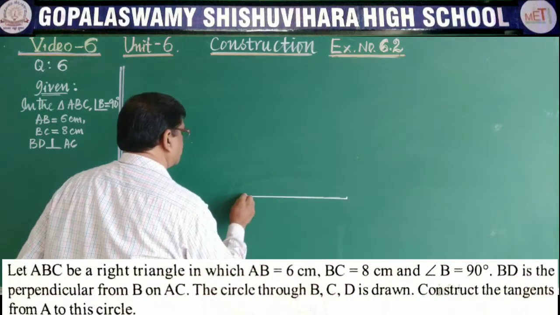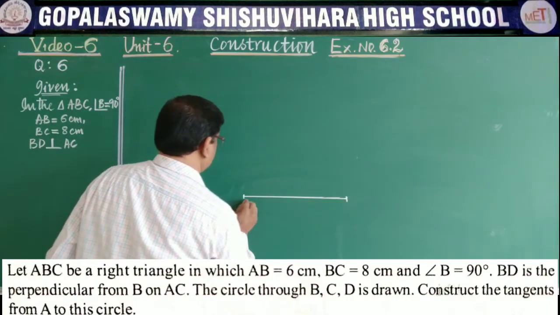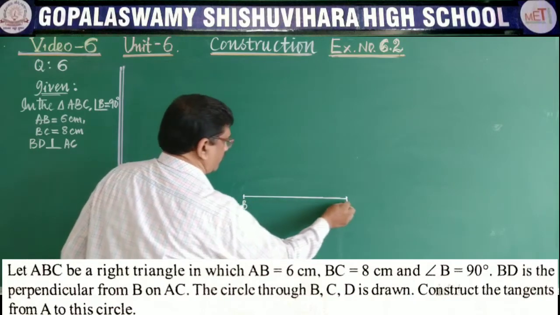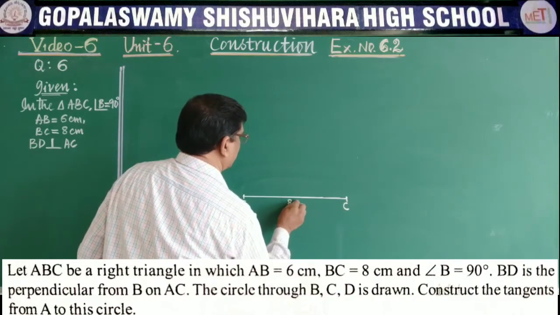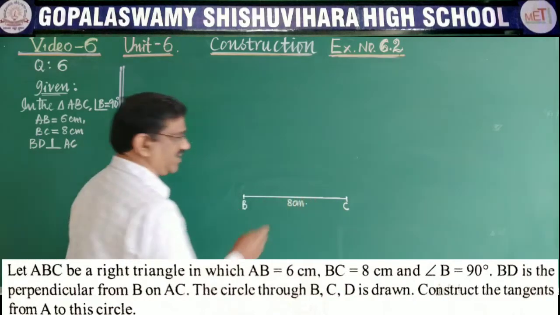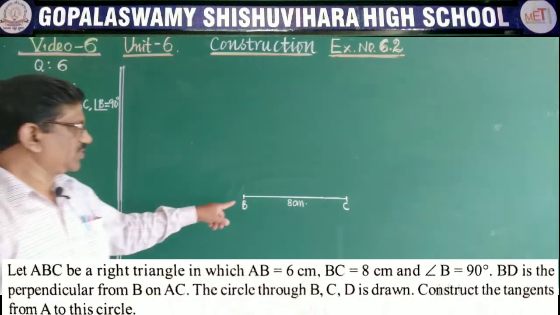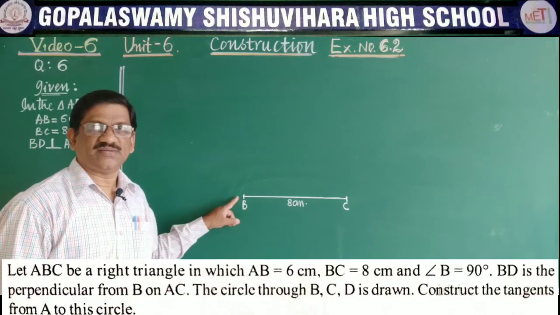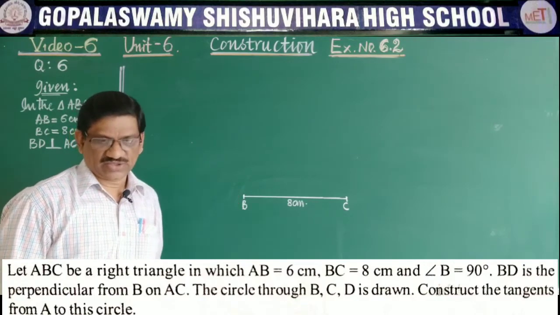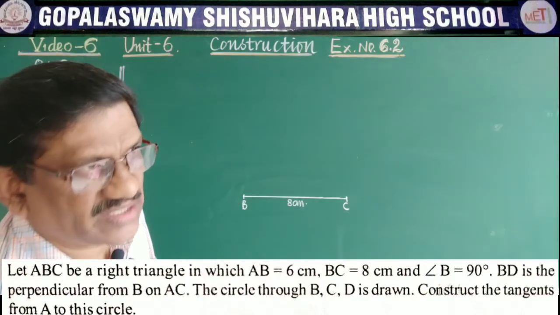So BC is equal to 8 centimeter. Next, at B we have to construct a 90 degree angle. So for that, you know how to do that.